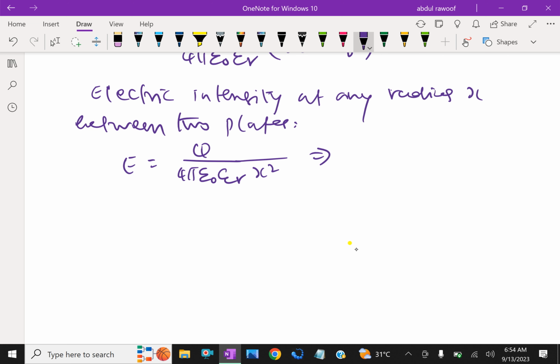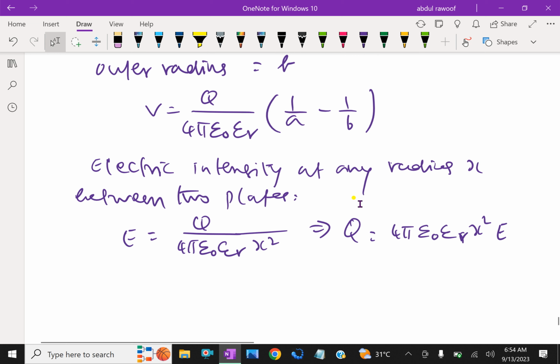From that we can get Q equals 4 pi epsilon 0 epsilon r x square E, cross multiplying. Now substitute this Q value here; this is equation 1, this is equation 2.